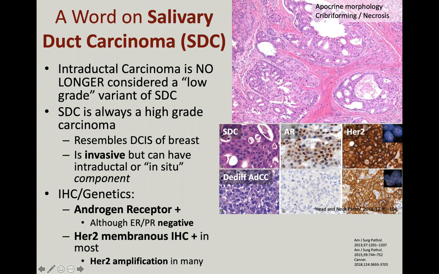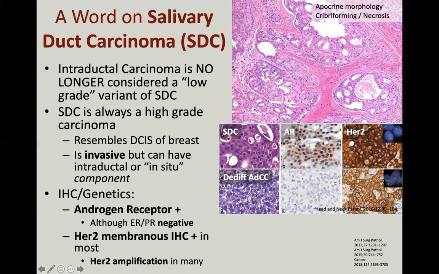Genetically, they are positive for androgen receptor in the nucleus, HER2 on the membrane, and those that are HER2 3+ tend to actually have HER2 amplification by genetics. Now, just remember that some other high-grade salivary gland carcinomas, in this case, dedifferentiated adenoid cystic, can have either androgen or HER2 expression.